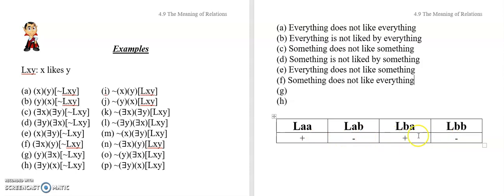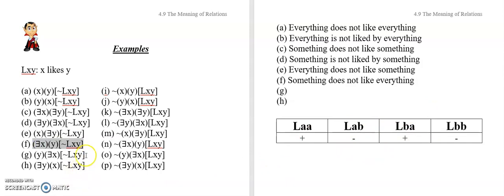No, there's not, right? So we would need either two minuses here or else two minuses here, and we could have all minuses as well. But A would have to not like everything, or B would have to not like everything. That does not hold on this particular domain.